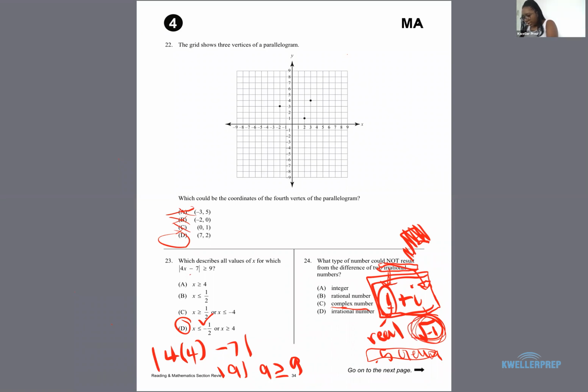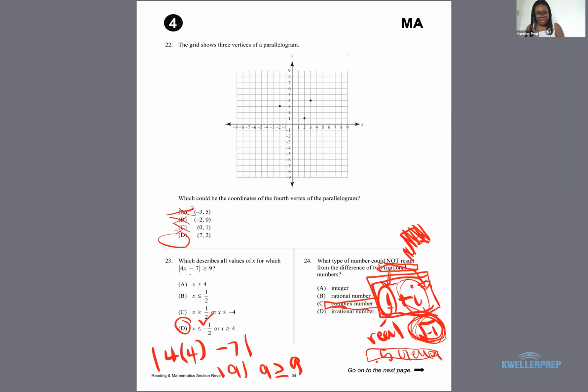Irrational numbers cannot be imaginary. Imaginary numbers don't exist, but irrational numbers do exist. They're just irrational. There's no way that you can take the square root of -1. So that's why you can't form a complex number by subtracting two irrational numbers, because they don't have any sort of imaginary part to them.